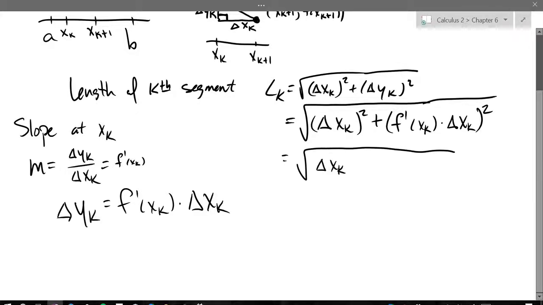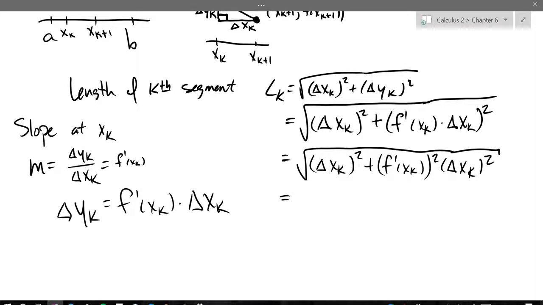Distributing that square to the product right here, we get delta xk squared plus f prime xk squared delta xk squared. What algebra can I do to this? Factor out delta xk squared.